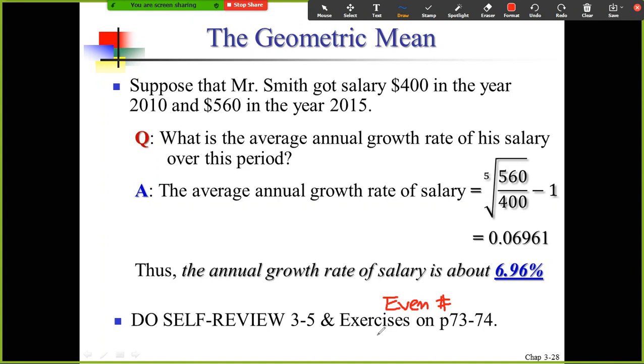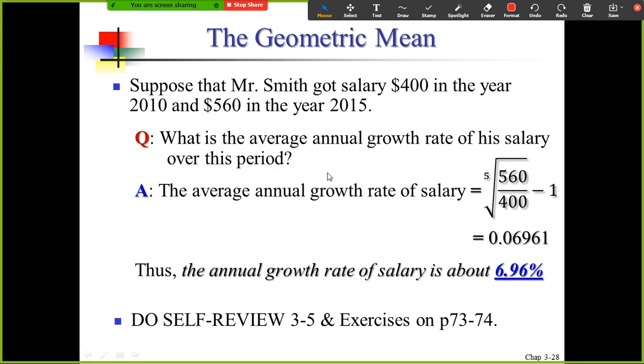They are even numbers. And the deadline should be next Tuesday. I write here for you because some of you still ask me about that.